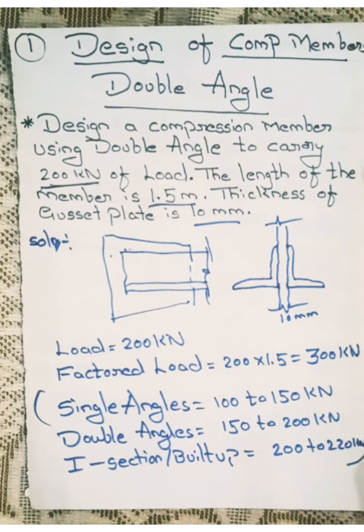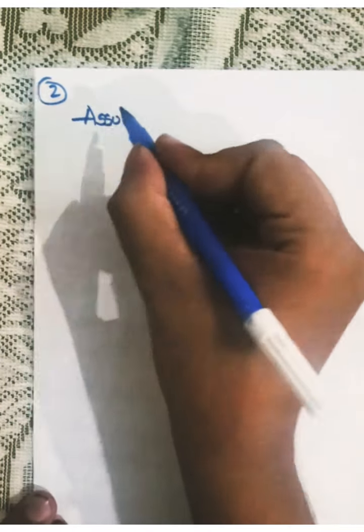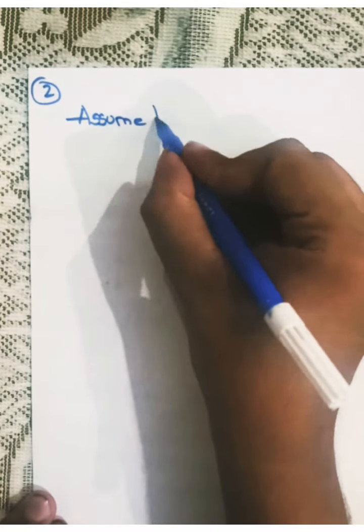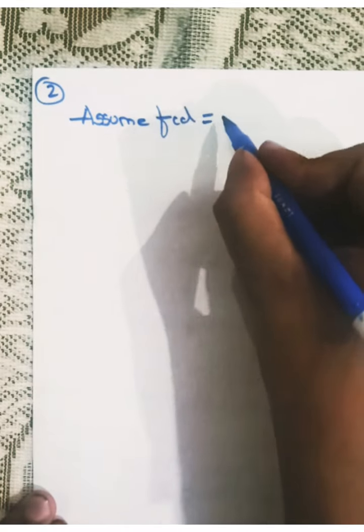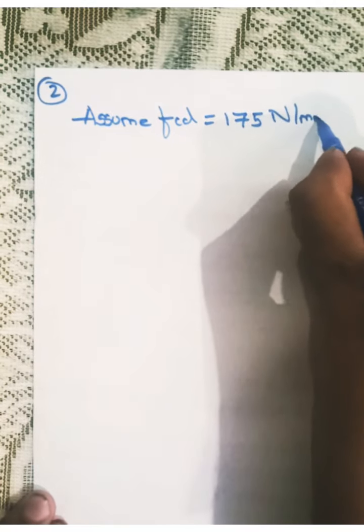So we need to assume angles in such a way that their capacity in compression should be greater than 200 kilonewton of the load. So in this problem, I am going to assume FCD as 175 Newton per mm square.